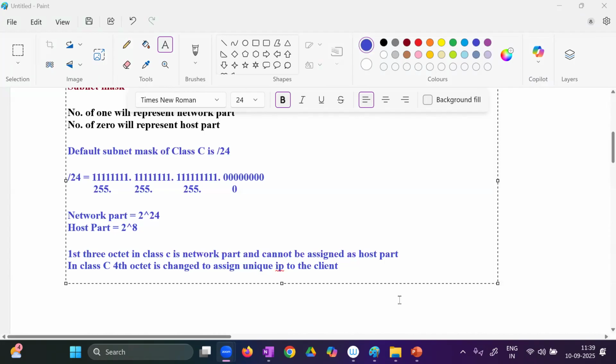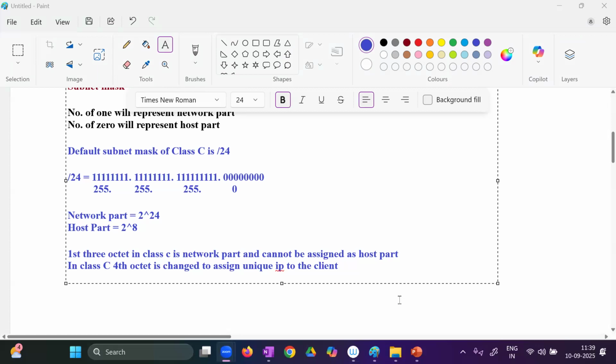That's why, when you can change only one octet, it means you have very limited opportunities, right? When you come to class B, you can change the third also, fourth also. It means you have more options now. When you come to class A, you can change second, third, and fourth. It means again more options. That's why class A is used for the larger network, class B is used for the medium sized network, and class C is used for the smaller network, right?